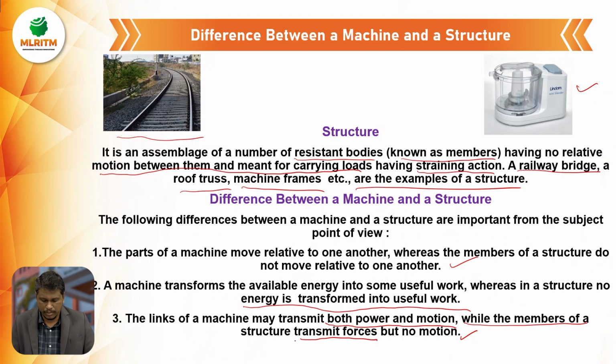That's why it is called a structure. It can't make any motion. That is very important here. That is the first point, I think. Oh, sorry, yes, no motion. Third point. So this is the difference between structure and mechanism.